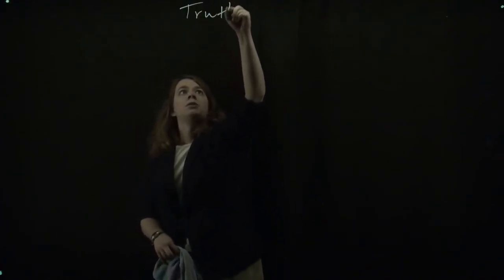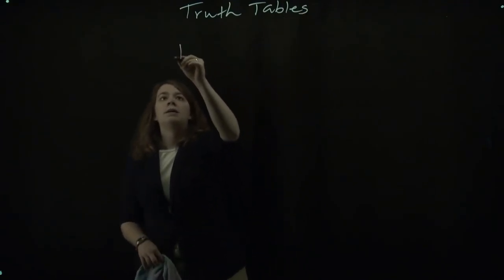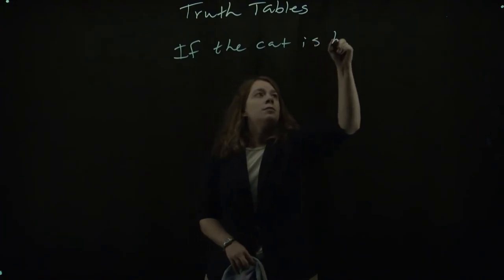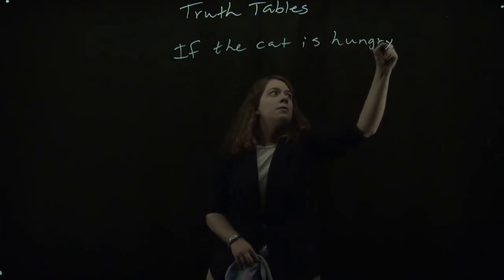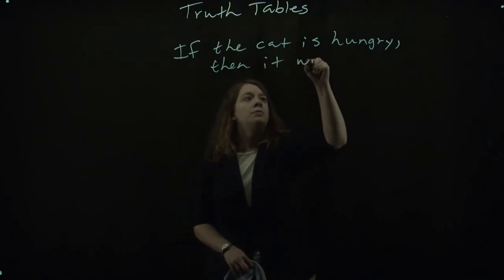So part of this is that we need to figure out how we can start these truth tables and how to put them together in order to use them to determine validity. So consider the following argument here, with our truth tables. Say you have an argument like, if the cat is hungry, then it will meow at the door.